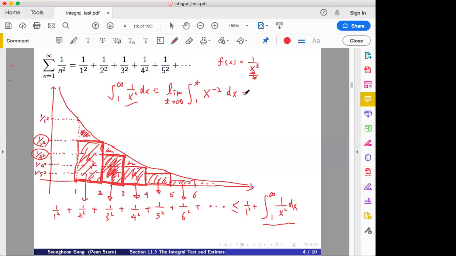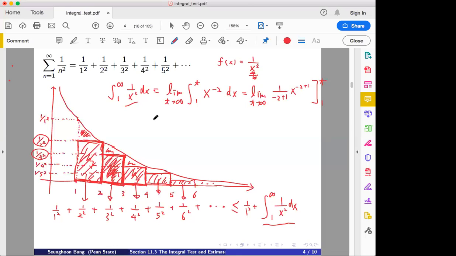Next, limit as t approaches positive infinity. The antiderivative is 1/(-2 plus 1) x to the -2 plus 1, from 1 to t.